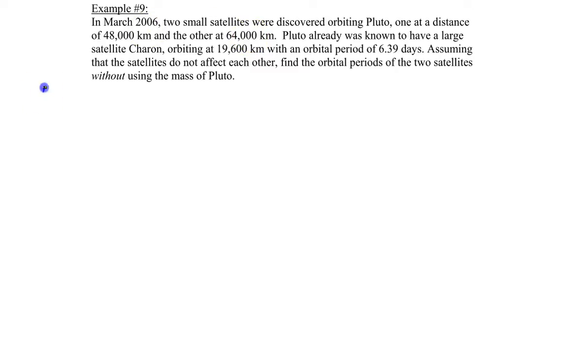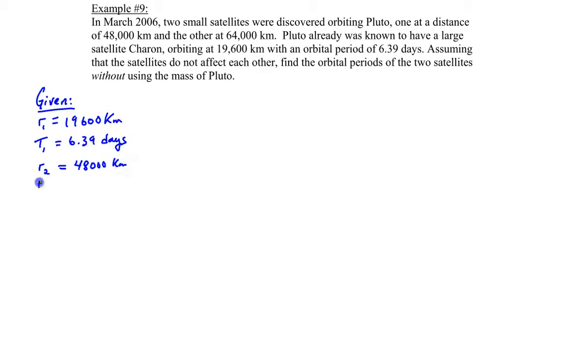So let's write down all the given information that we have here. For Charon, which is the known satellite, we have a radius of 19,600 kilometers for the orbital radius. We'll call that R1. And then the period for that particular satellite is 6.39 days. Now, for the other two small satellites that were just recently discovered, the first one we'll call R2, is at a distance of 48,000 kilometers for its radius of orbit.